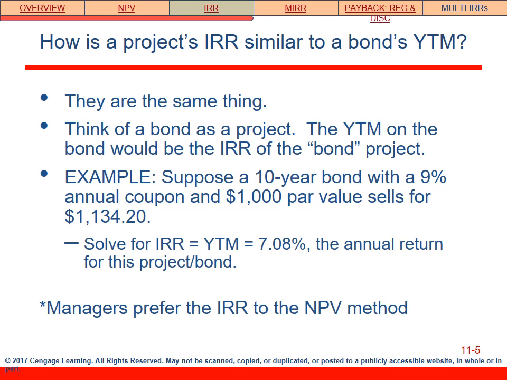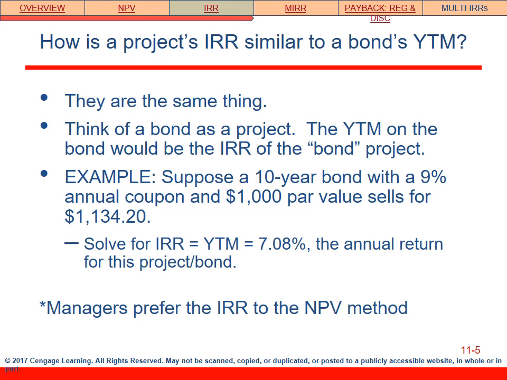When we are applying net present value and internal rate of return to projects, when those projects are independent, you can use either method. You'll get the same answer.